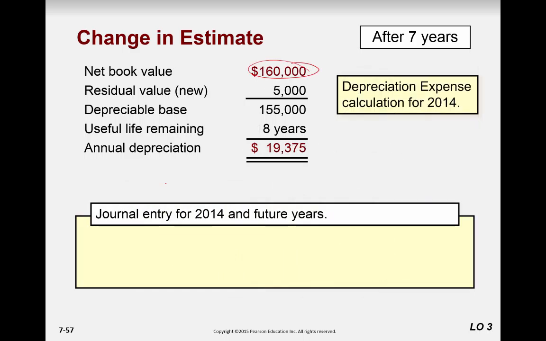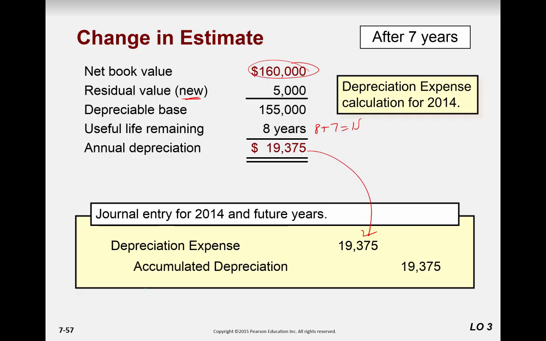We just take the balance that we had and subtract our new residual value, so now we have $155,000. And our remaining useful life is 8 years, because 8 plus the 7 we did equals the new 15. So now our entry is going to be depreciation expense for our new amount and accumulated depreciation. And you will get practice of this in your homework as well.